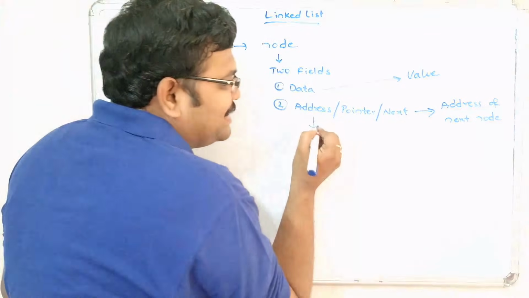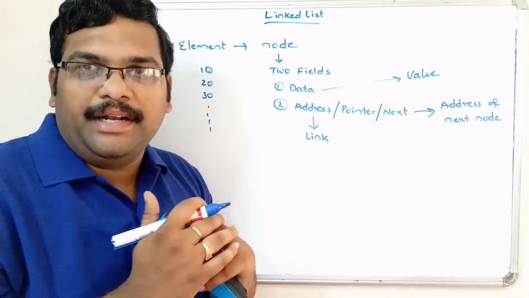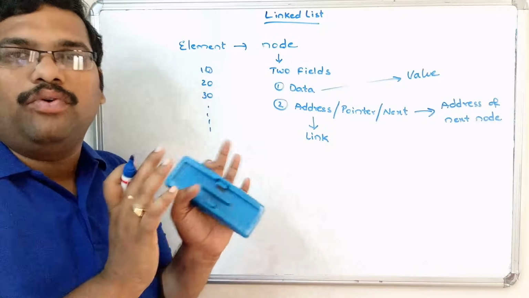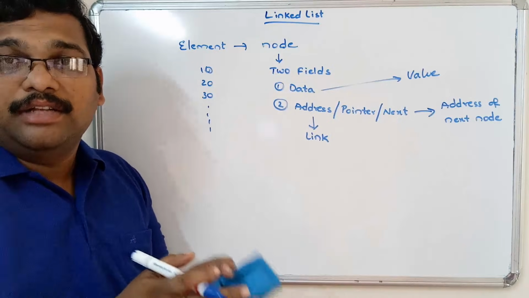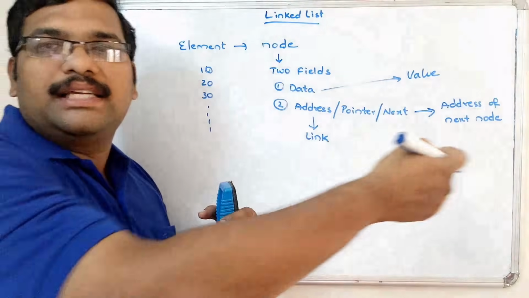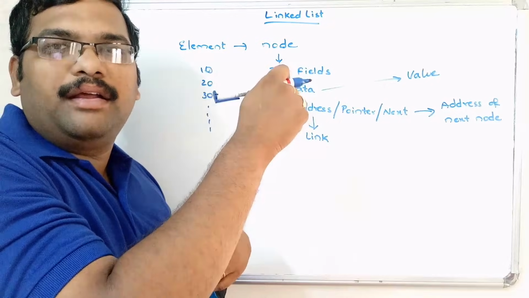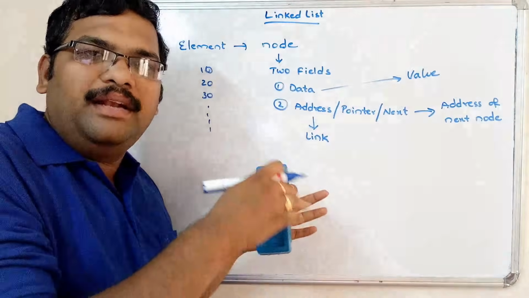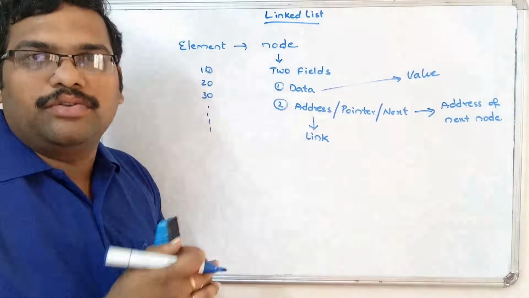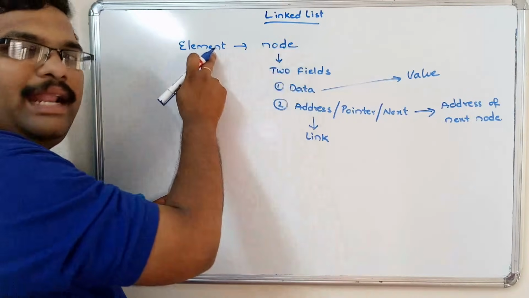So this is the link to another element. That's why the elements need not occupy contiguous memory locations. Different elements can have different memory locations, but here we are just establishing a link. In every element there will be one field called the address field, which consists of the address of the next node. So that's why we have to consider it as a node rather than an element.